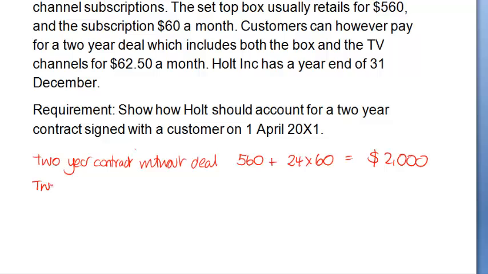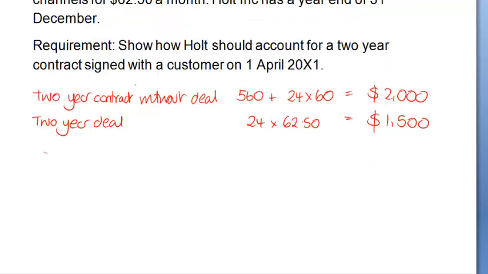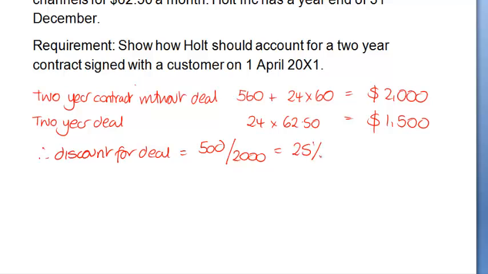If we sign up for the 2-year deal, it's 24 months at $62.50. So we're going to save ourselves $500 or 25%. So therefore the discount for the deal is 500 over 2,000, which is 25%.